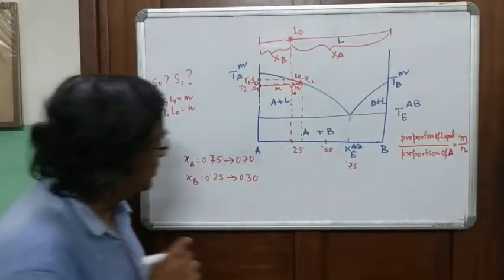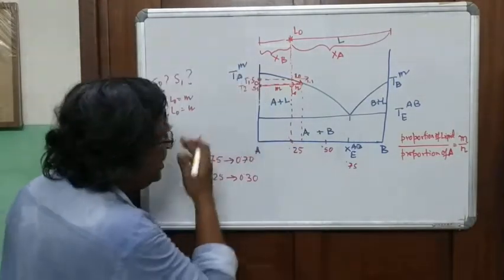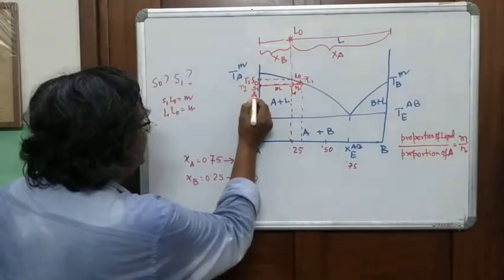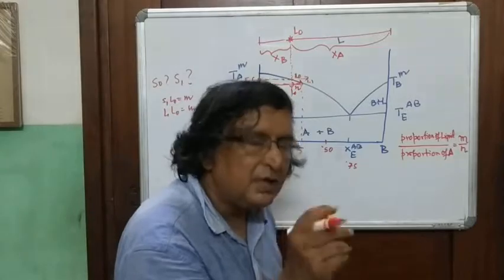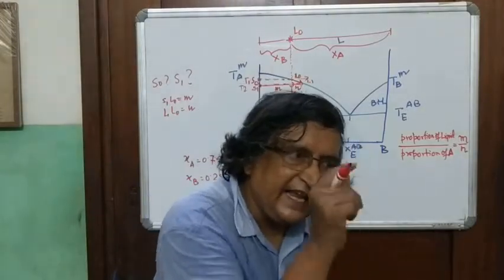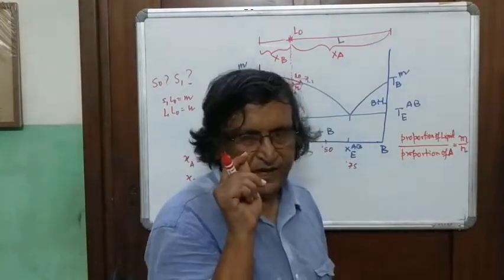So now you can see, here the solid S1 has the composition A100. Have you understood?